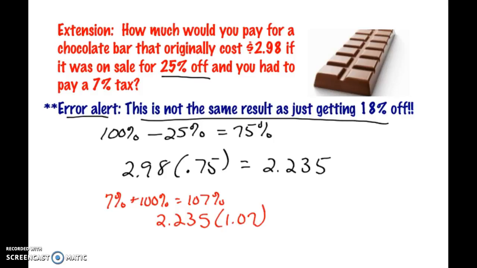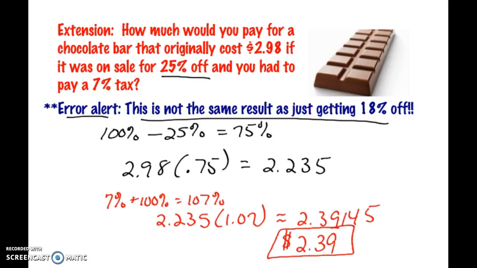And when I do this, I get 2.39145. And I'm going to round. And some places will say you have to round up in money and they're going to charge you $2.40. That might be true. I'm just going to say $2.39 with normal rounding techniques for this particular problem. Remember to do each step separately in that and don't try to combine and shortcut it into one.